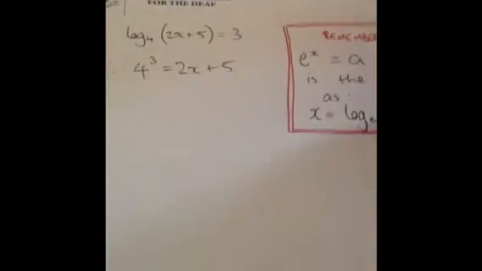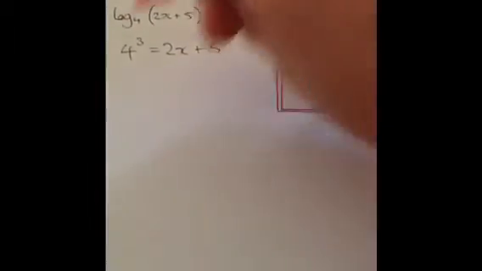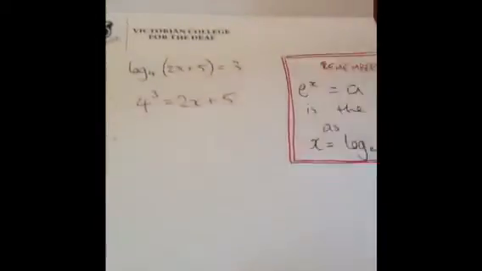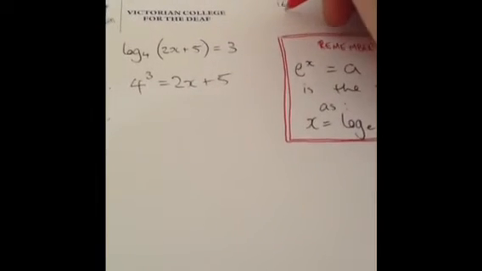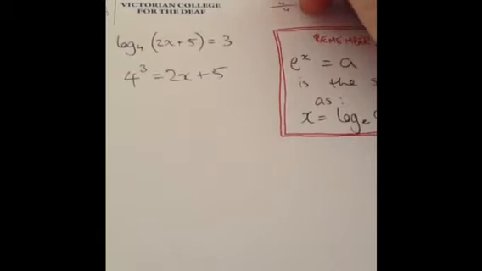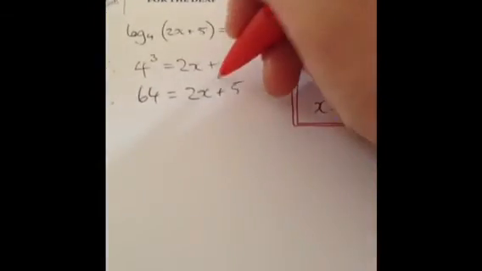So now again we've got a linear problem to solve. So 4 cubed, I've just forgotten off the top of my head, so we've got 16 times 4, 4 times 6, 24, 4 times 1 plus 2, so that's 64 is equal to 2x plus 5. So now we take 5 from both sides, giving us 59 equals 2x.